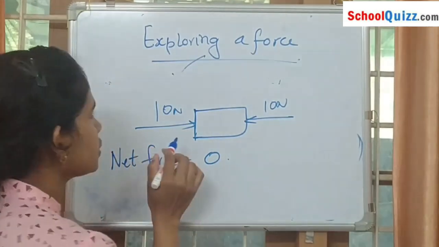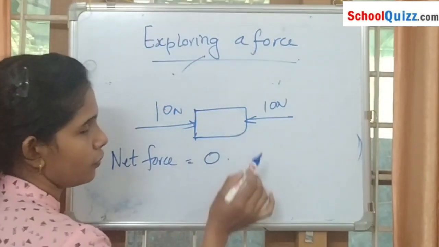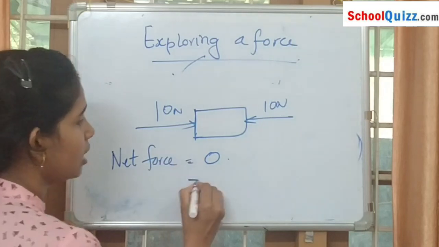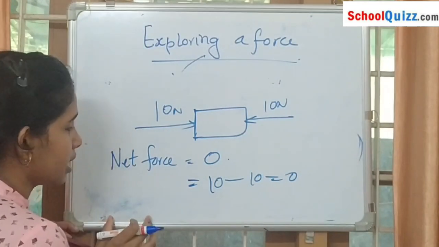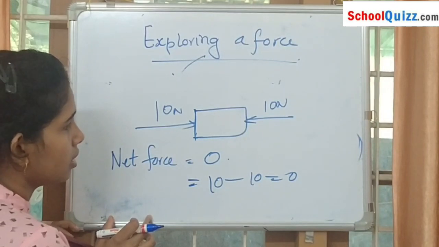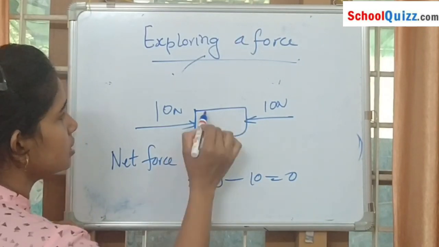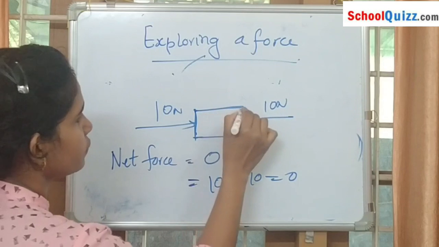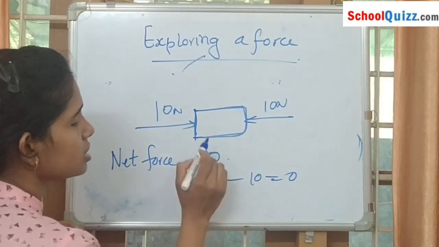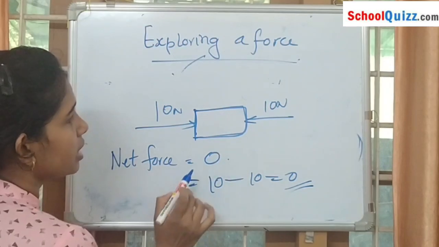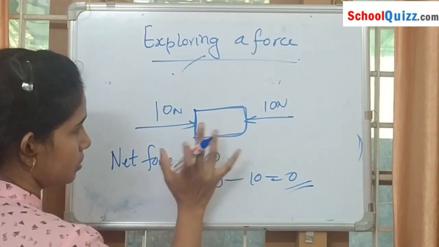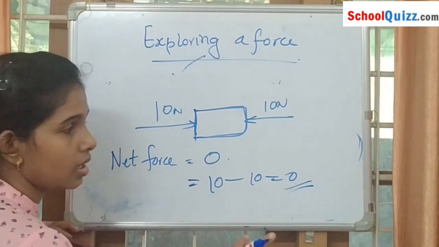So net force will be difference between these two forces. So here 10 minus 10 equal to 0. So this box doesn't move anywhere because there is no net force. Okay? Understood?